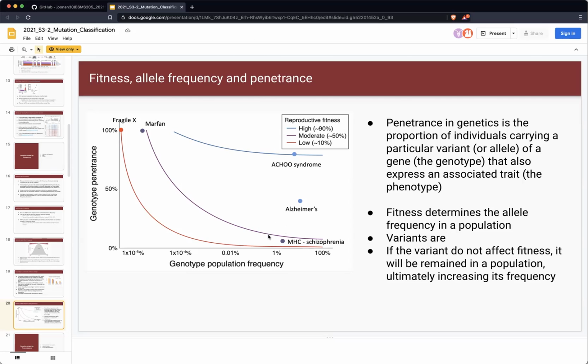In other words, those mutations can be passed on to the next generation. That means they have a higher allele frequency compared to Fragile X or Marfan syndrome mutations. For mutations seen in Fragile X or Marfan syndrome, the allele frequency is almost zero, right? Only 1 or 2 individuals can be seen in large-scale studies, right? So that case is different.